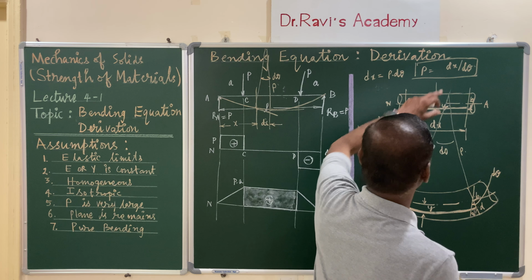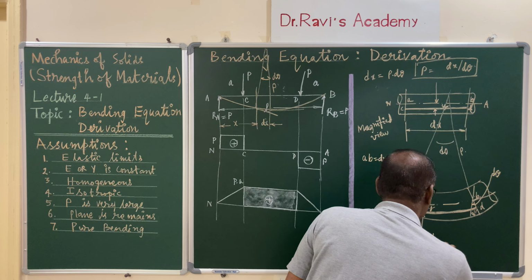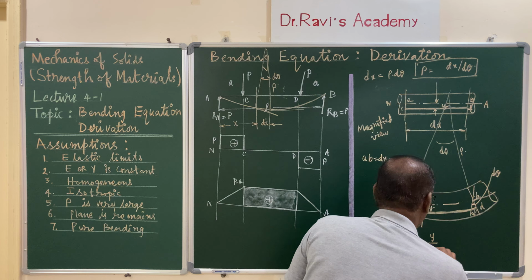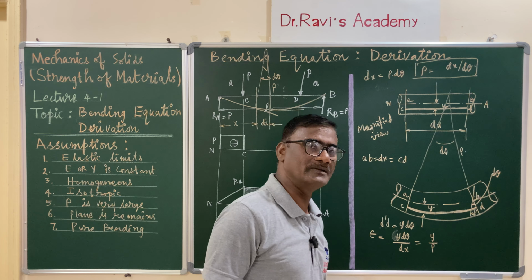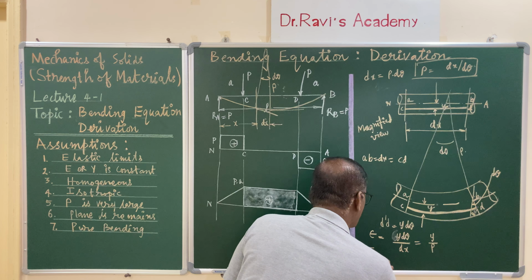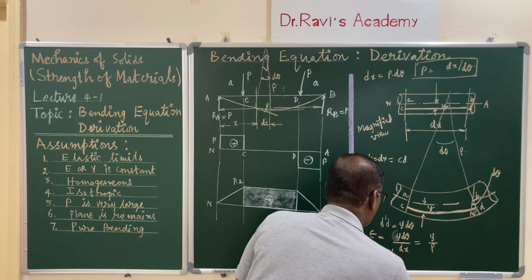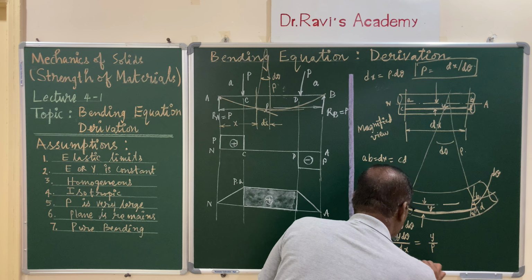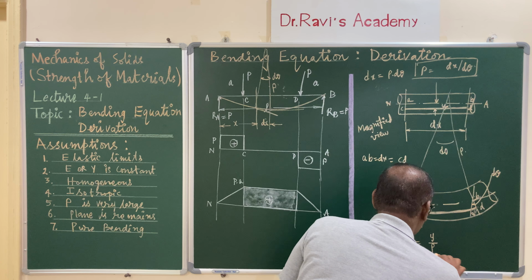You can replace dx by rho d theta. So this becomes y divided by rho. But from the basic definition of strain, it is stress by Young's modulus. So stress by Young's modulus is y by rho, and from this equation you can write the expression for the stress, that is E into y by rho.